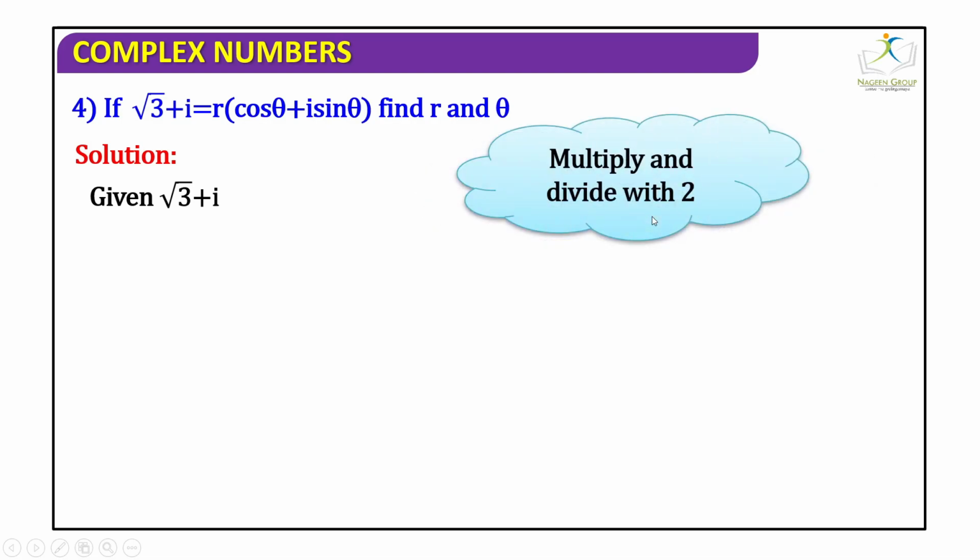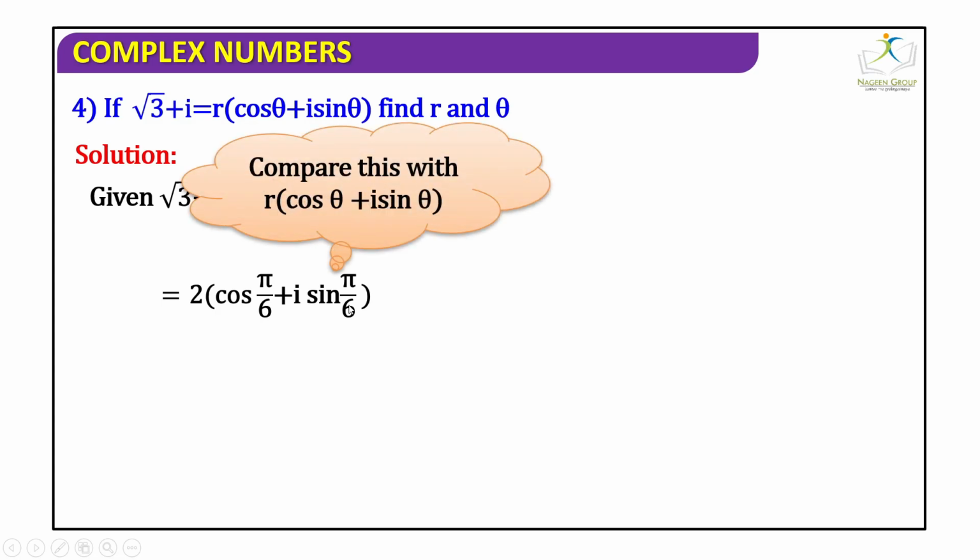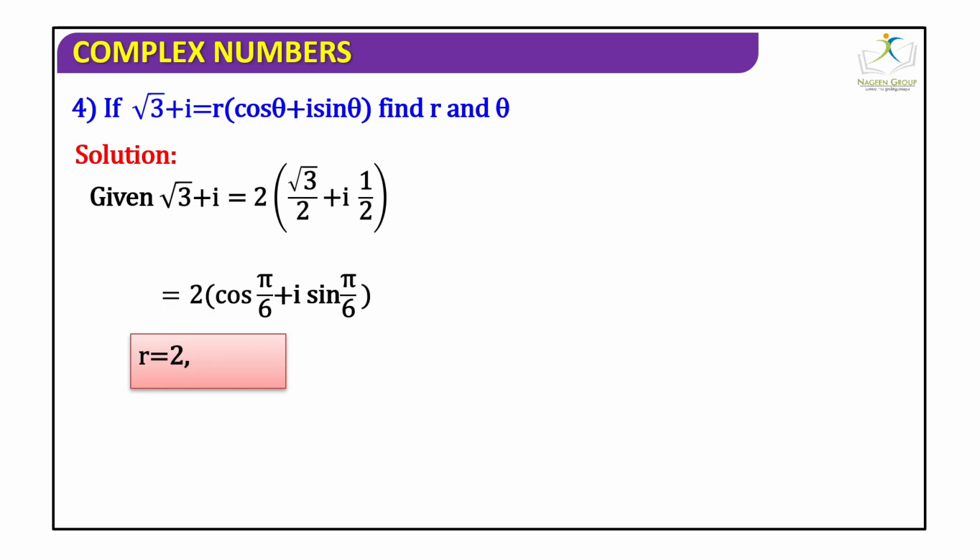From here we first multiply and divide the value by 2. So this will be equal to 2 into root 3 by 2 plus iota into 1 by 2. So this will be 2 into cos pi by 6 plus iota sin pi by 6, and comparing with this, we have here r equals 2 and theta equal to pi by 6.